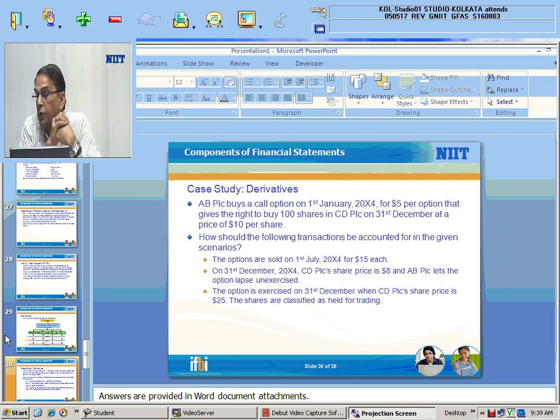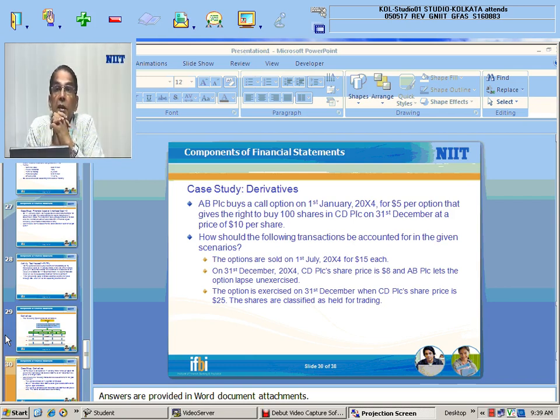By exercising the option, he can buy the shares at $10 per share, sell them in the market at a higher price and make a profit. But if the shares are selling in the market at $10 or below, then there is no point in exercising the option, because the shares are available in the market at $10 or below anyway. So there is no profit to be made by exercising the option, and that's why the option will not be exercised.